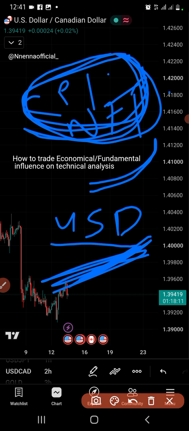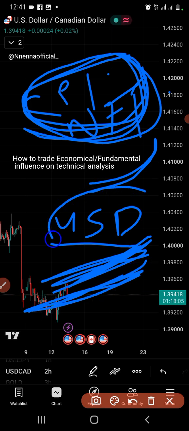When you come to your chart, it's simply interpreted as bearish, which means all USD base pairs are going to sell. That's what it literally means. All USD base pairs are going to sell because the fundamental says the USD is weak.